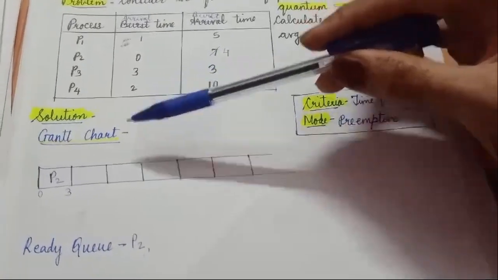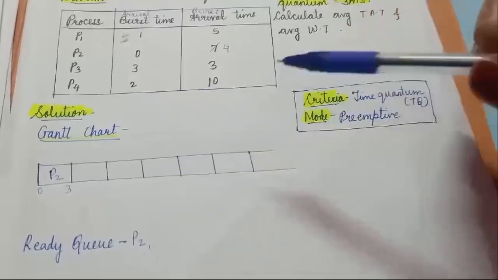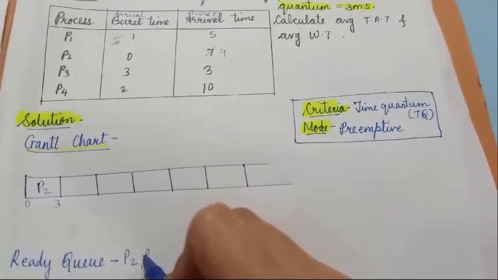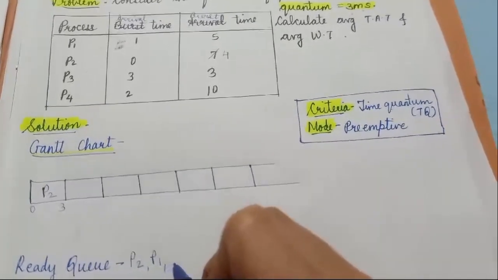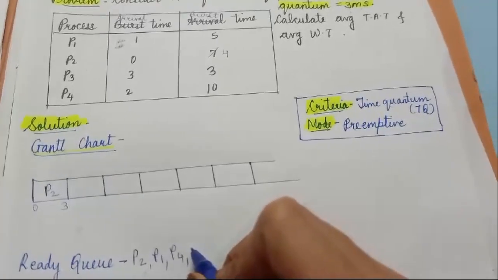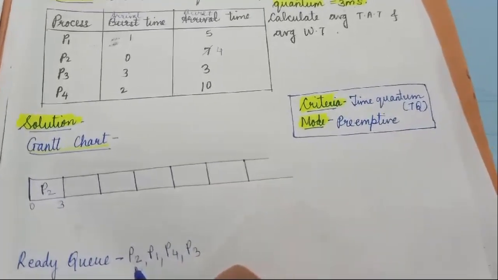That means till 3 seconds the remaining 3 processes arrived. So we'll write them in the ready queue. First comes P1, after that is P4, after that is P3.